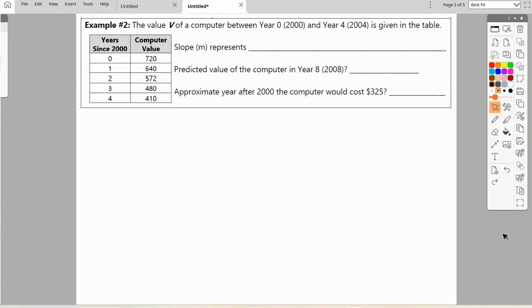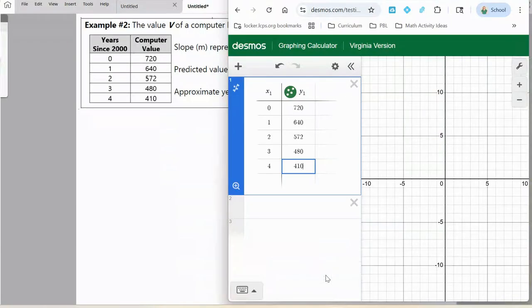In the next example, we're going to have the value v of a computer between year 0, which will represent as 2000, and year 4, which will represent as year 2004, is given in the table. As a reminder, we go ahead and plop that table in Desmos. We go ahead and then hit the Add Regression little icon.